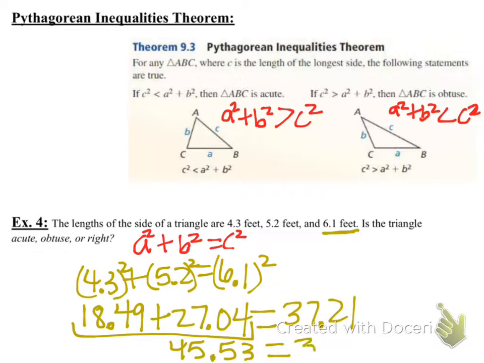And that is not equal to 37.21, right? Those are not the same value on the left and the right. And so what we see here, since they're not the same, is that the left side, a squared plus b squared, is larger. So if I look up here, I see that a squared plus b squared greater than c squared is right here. That's what I have. So that means that this is an acute triangle, whatever it looked like.